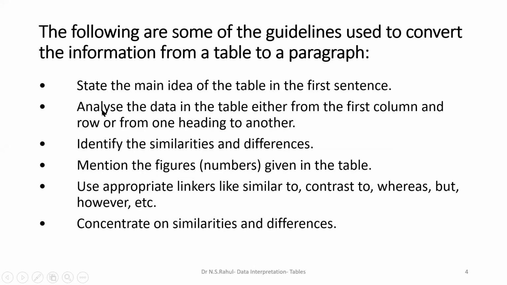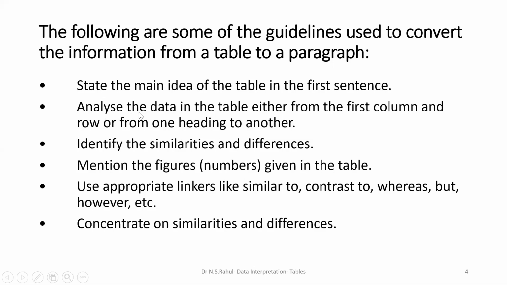Where is analysis of similarities and differences? This is not interpretation, Swati. You have to interpret. Out of 4, you have completed only 2. You have stated the main idea and you have given the figures, that is numbers given in the table.